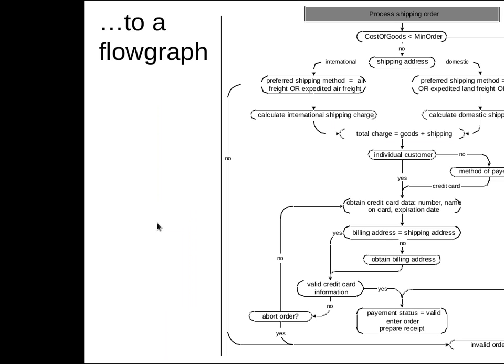You might look at a flow graph like this. I'm not going to go through each one of it, but notice that this is a little different than a finite state machine, because when you go and you're trying to, let's see, where's the calculate total charge, calculate domestic shipping, that's going to be based on the shipping address, which may change from instance to instance.